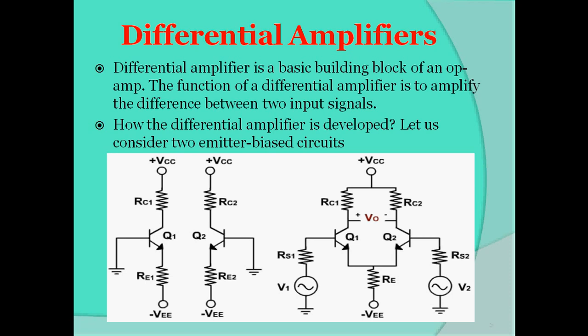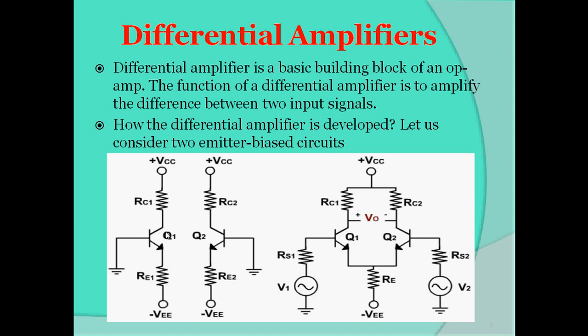For the development of the differential amplifier, let us consider two emitter biased transistor circuits. In the figure we have here two transistors, Q1 and Q2. Both the transistors are emitter biased transistors, and these two transistors are identical in characteristics. For transistors Q1 and Q2, the emitter resistors are RE1 and RE2.